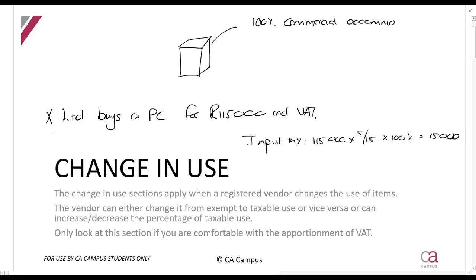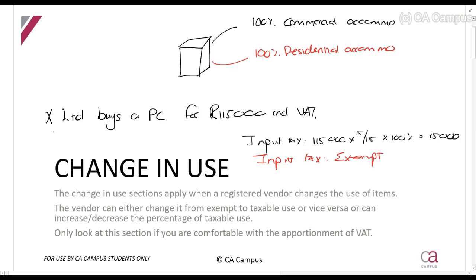Happy? So that's in black. In red, next situation. Let's say I used it 100% for residential accommodation. The input tax I could claim then is none because it's exempt.